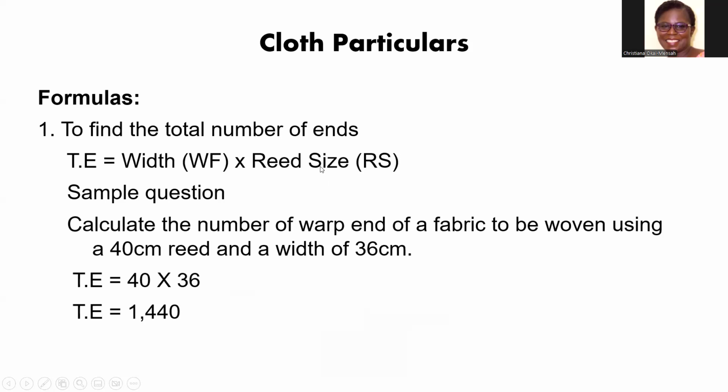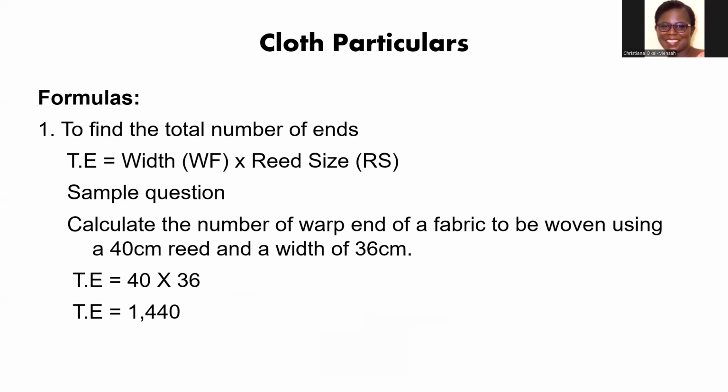Normally, for the plain weave, you use 24 inch. So to know the reed number, you take your ruler, then you measure 1 inch of the reed. Then you count the dents inside the reed.